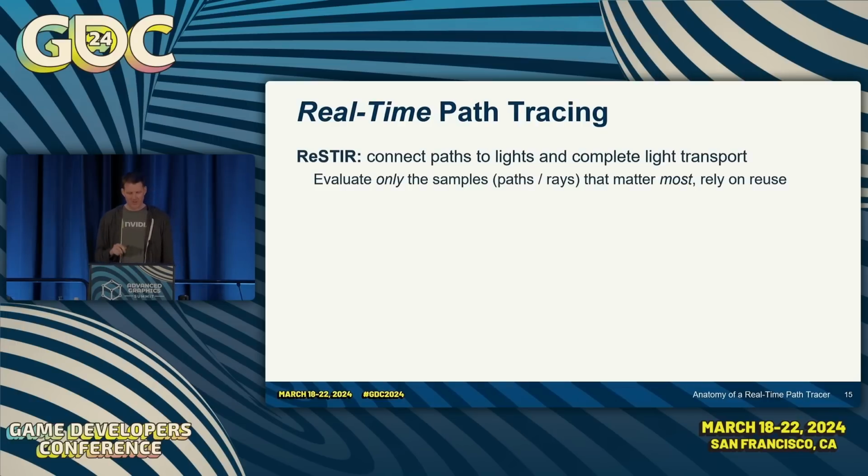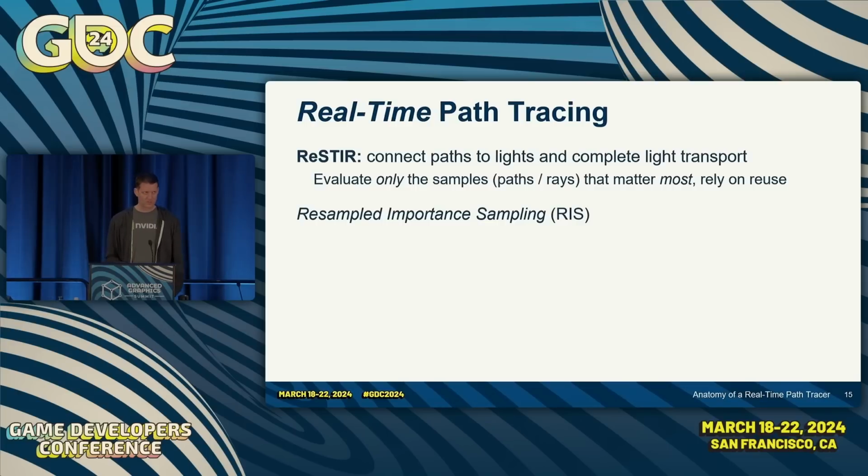We'll need to be very, very careful to evaluate only the samples, or in other words, paths, that matter the most, and lean heavily into things like reuse and clever math. And ReSTIR provides exactly that, the algorithmic foundation that enables us to select the essential paths and complete light transport at a reasonable cost in real time.